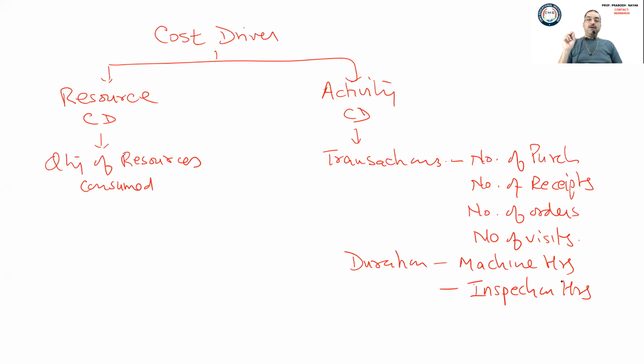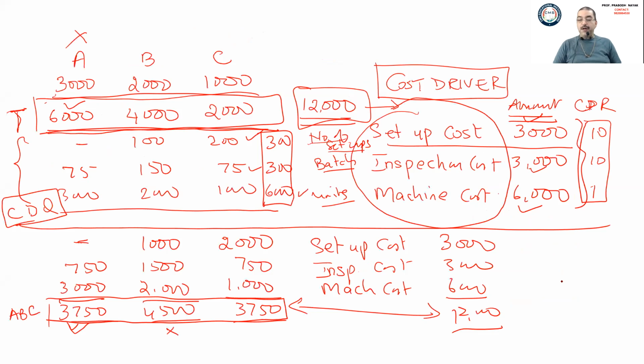We find out the amount that is to be allocated. That amount is called the cost pool. These are different terms which are used. That cost pool has to be segregated on the basis of the different activities. And those cost pools will be divided by the cost driver quantity, and I will get the cost driver rate. So this is what we normally do in activity-based costing.